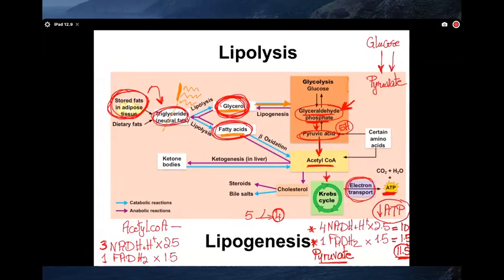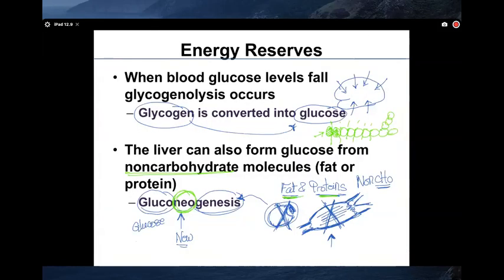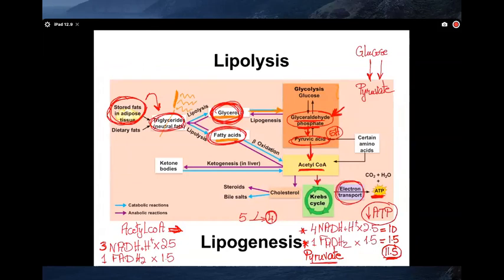So how many ATPs would you be producing from each acetyl-CoA? 3 times 2.5 is 7.5, and 1.5 more is going to be 9 ATPs. So from each acetyl-CoA, you're going to be yielding 9 ATPs. From each pyruvate, you're going to be yielding 11.5.